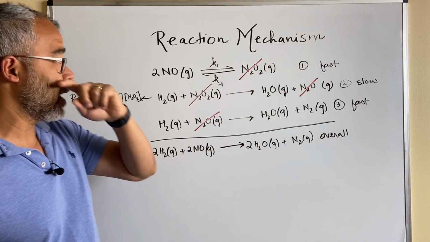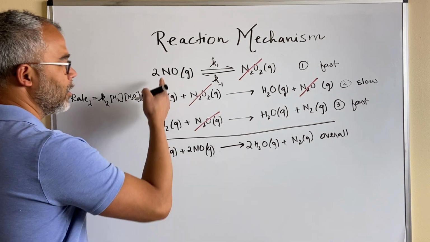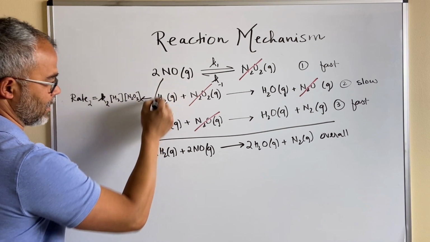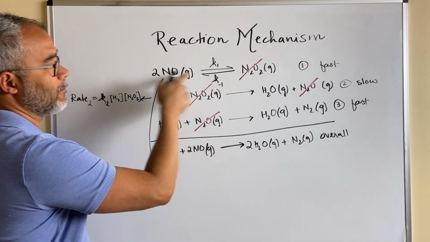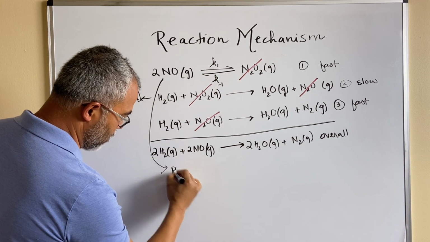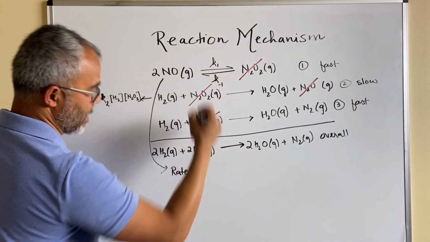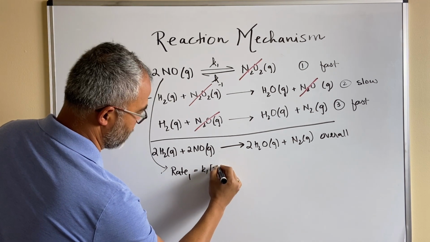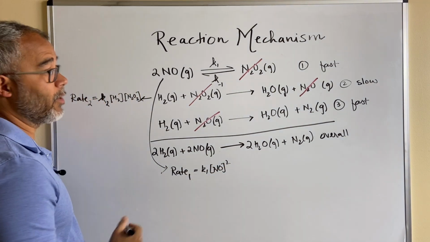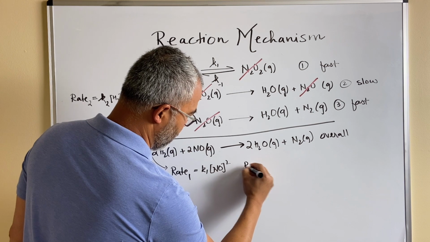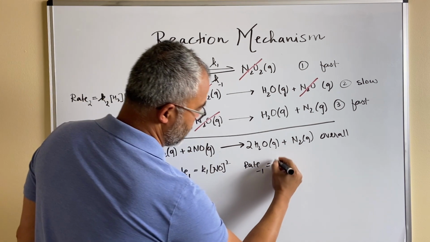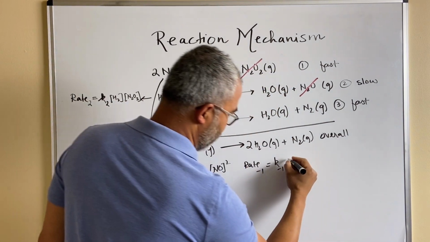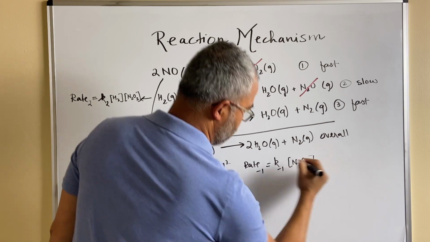That's where we use the first step and do some algebraic manipulation. For the first step, the rate of the forward reaction, let's call that rate 1, is equal to K1 times NO squared. The rate of the reverse reaction, call that rate -1, is equal to K-1 times N2O2, because in the reverse case the reactant is N2O2.